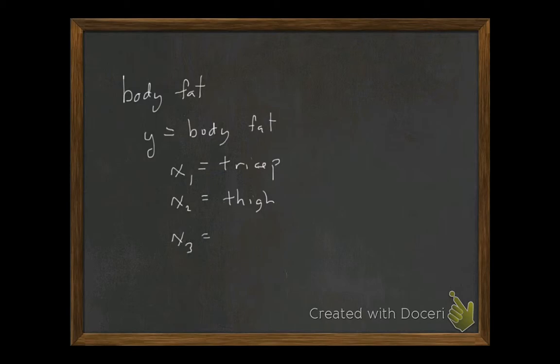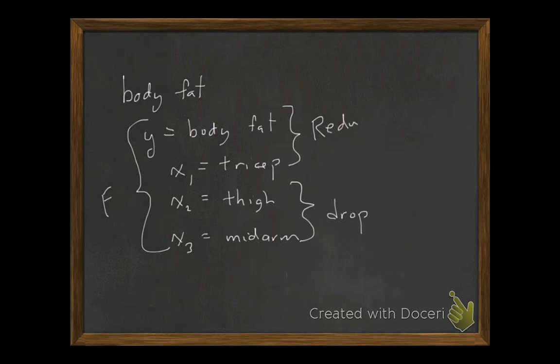And x3 was like a mid-arm circumference. So let's say that all of this collectively, we will call our full model. But we would like to see if we can drop the thigh and mid-arm from our model. And of course, we're going to call this our reduced model.